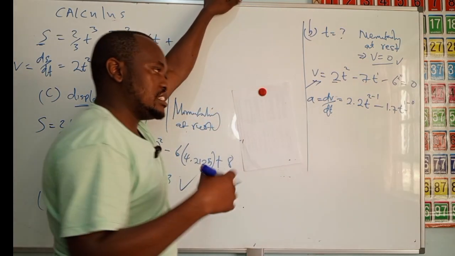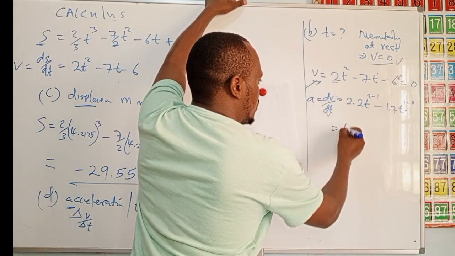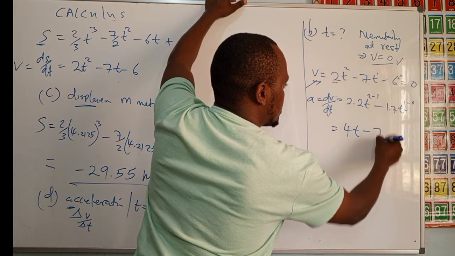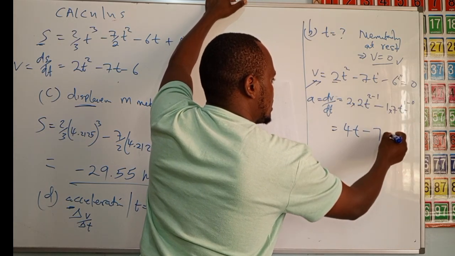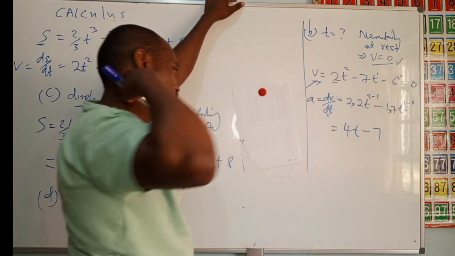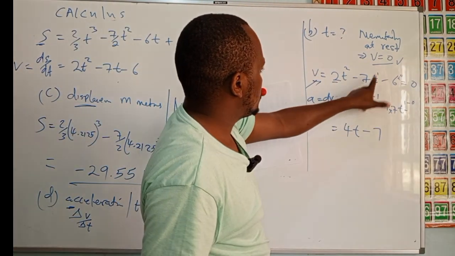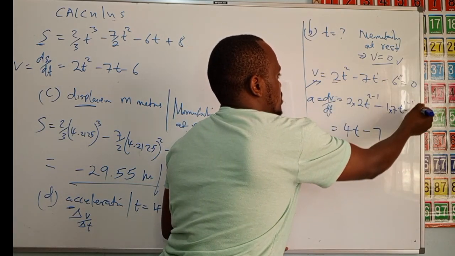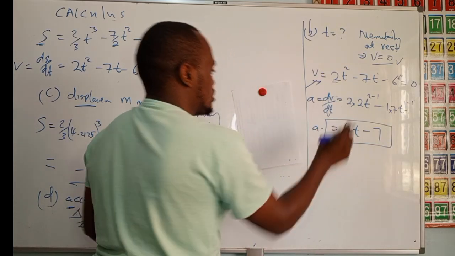So this is 4t minus 7. So this is the acceleration equation.